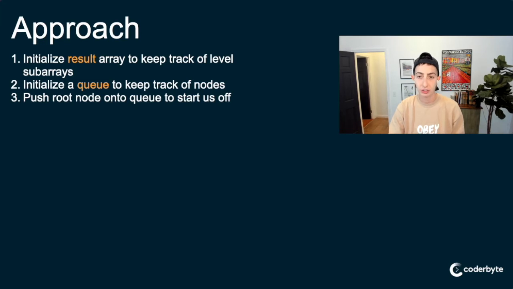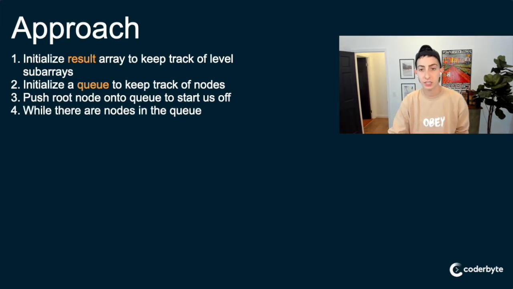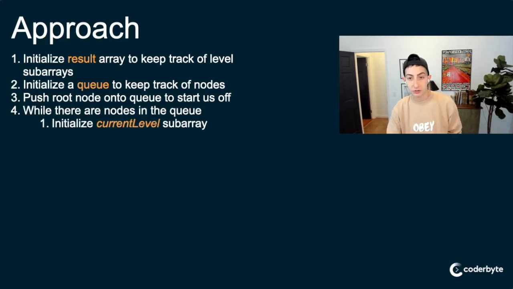We're going to push our root node onto the queue to start us off. And while there are nodes in the queue, we're going to initialize a current level subarray. I think I'm going to walk through the code with a debugger once we get to that step, but you'll see that each time the while loop iterates, we're going to end up with certain nodes in our queue.